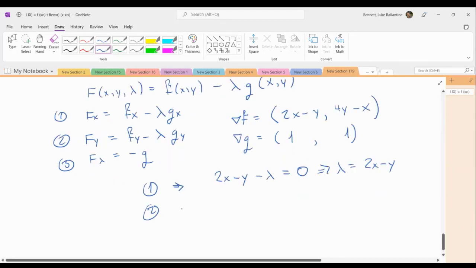And then 2 implies that lambda equals 4y minus x. And then 3 implies x plus y equals 8.